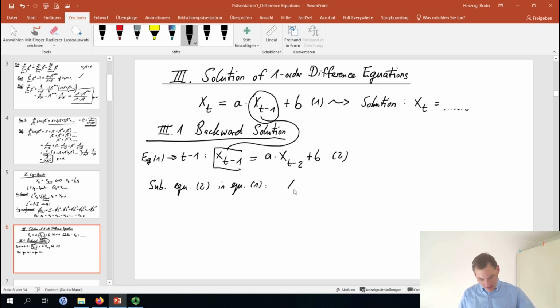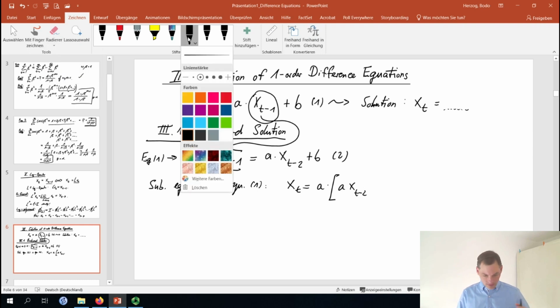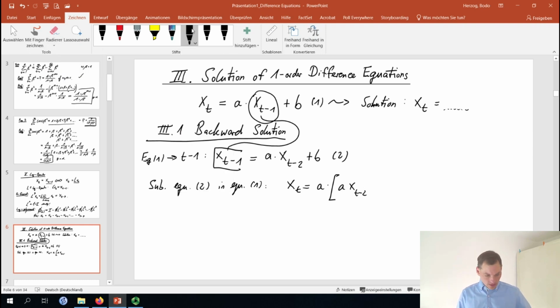So we have x of t equals a, and now for x t minus 1 I use equation 2, that this is a times x t minus 2 plus b.